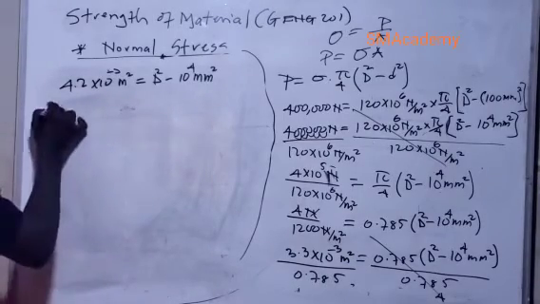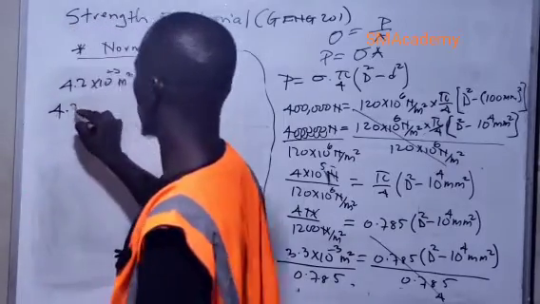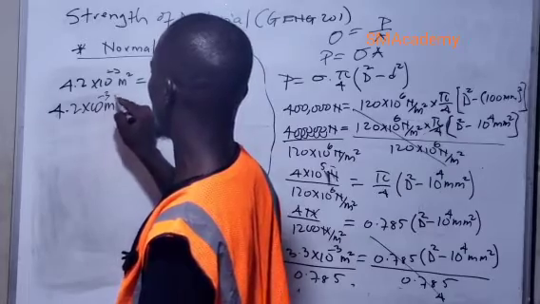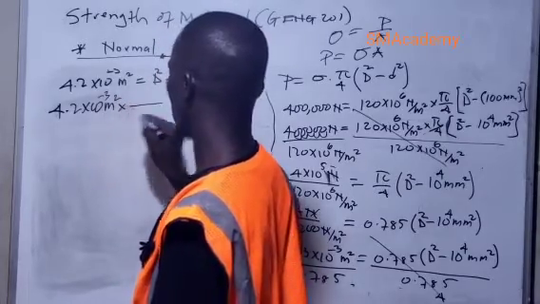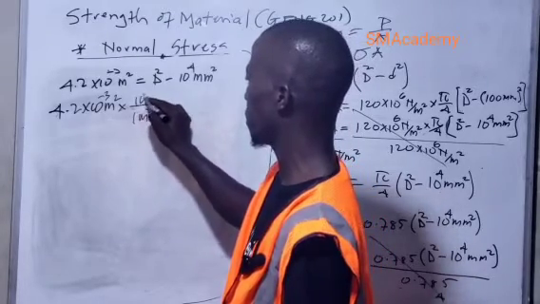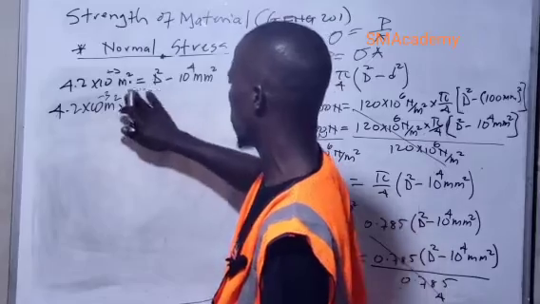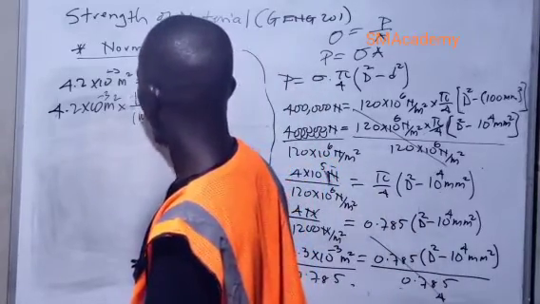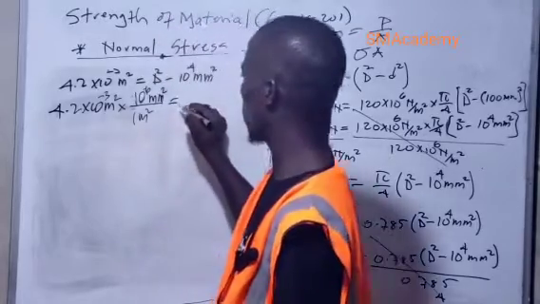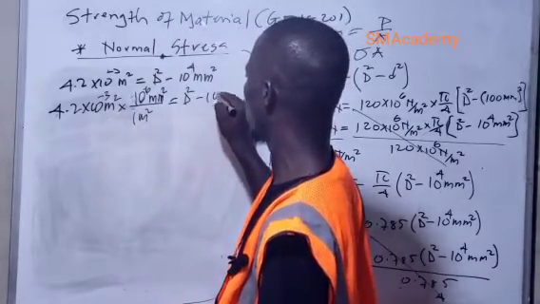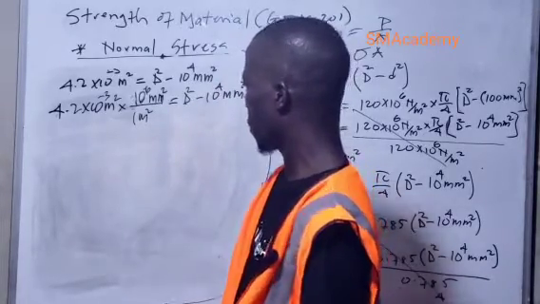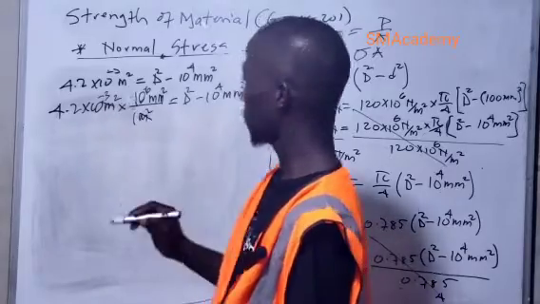So now I will say 4.2 times 10 raised to the minus 3 power meter square times, we want to convert it to millimeter. We know that 1 meter square equal to 10 raised to 6 power millimeter all square is equal to the outer diameter square minus 10 raised to the 4 power millimeter square. So in meter square, we cancel meter square.